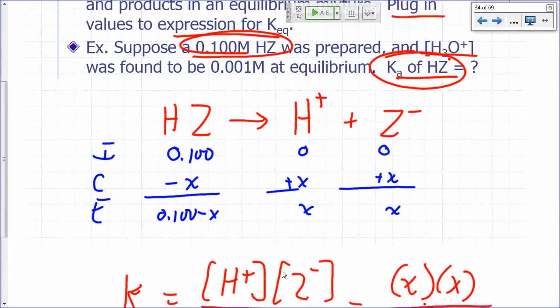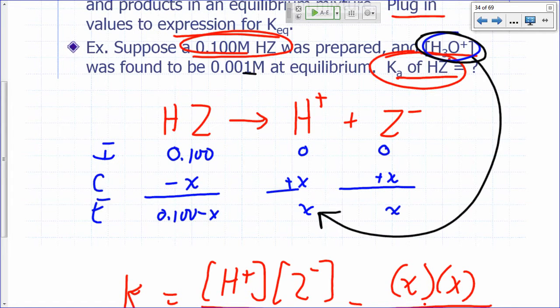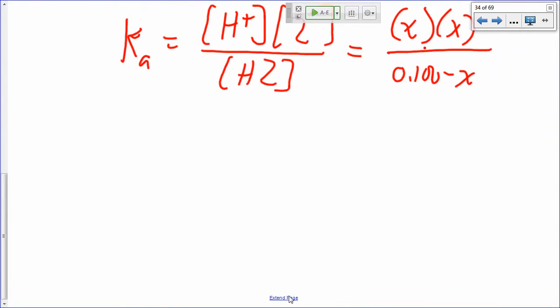According to this, when you did the experiment, you found the hydronium or the H plus concentration to be 0.001, and that is X, right? So X must be 0.001. That's what's given.